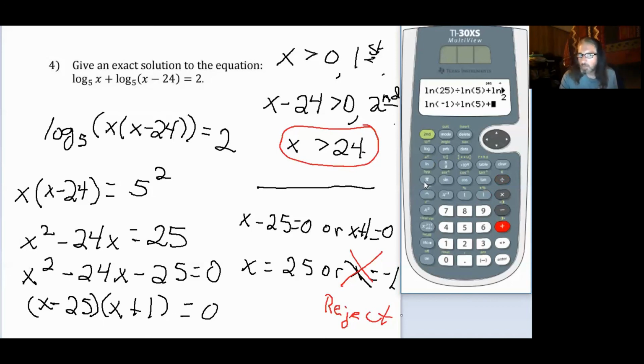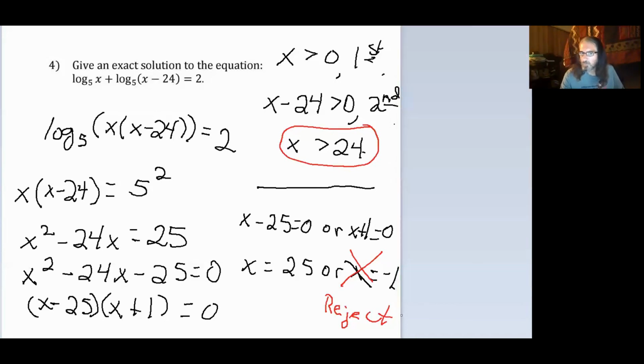Negative 1 minus 24 is negative 25. Got to use the negative sign, not the minus sign. And it's giving us a domain error. So our only solution here is x equals 25.